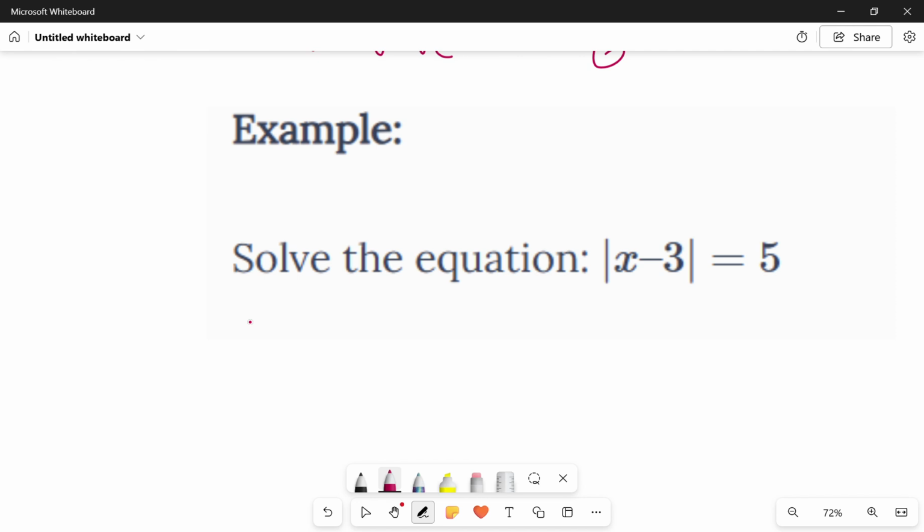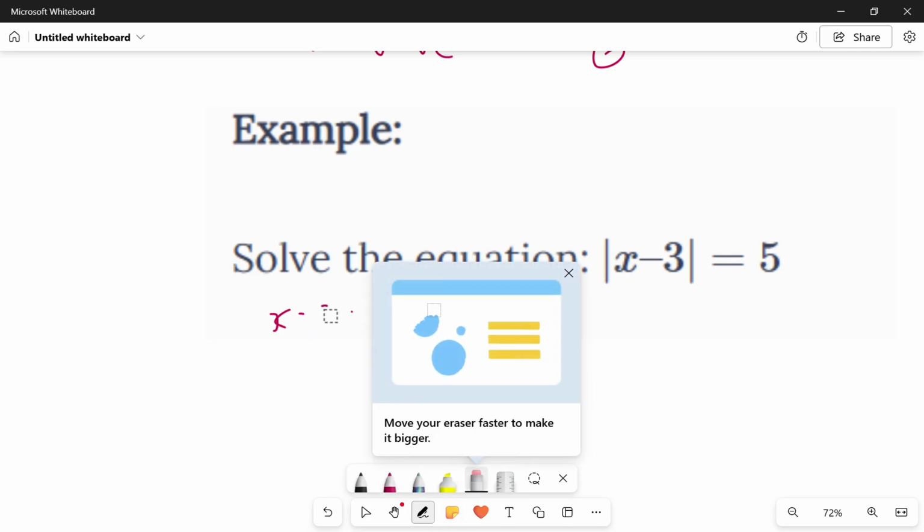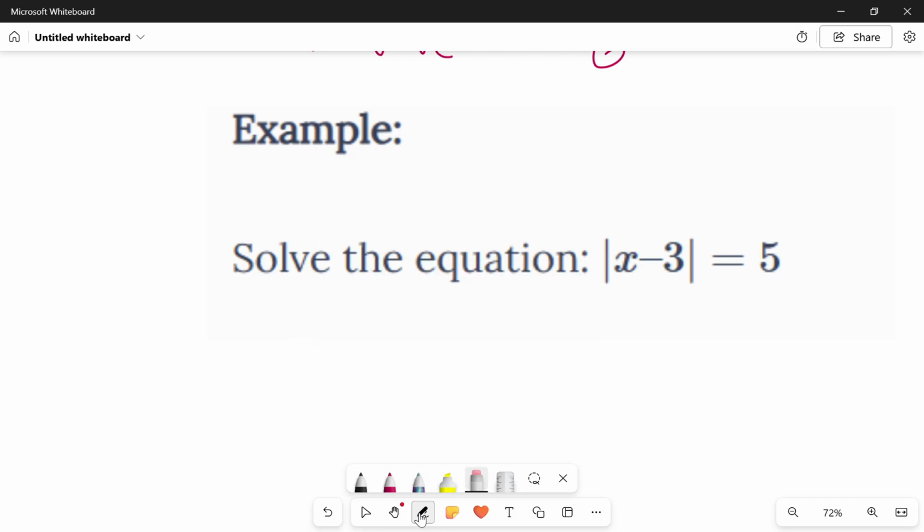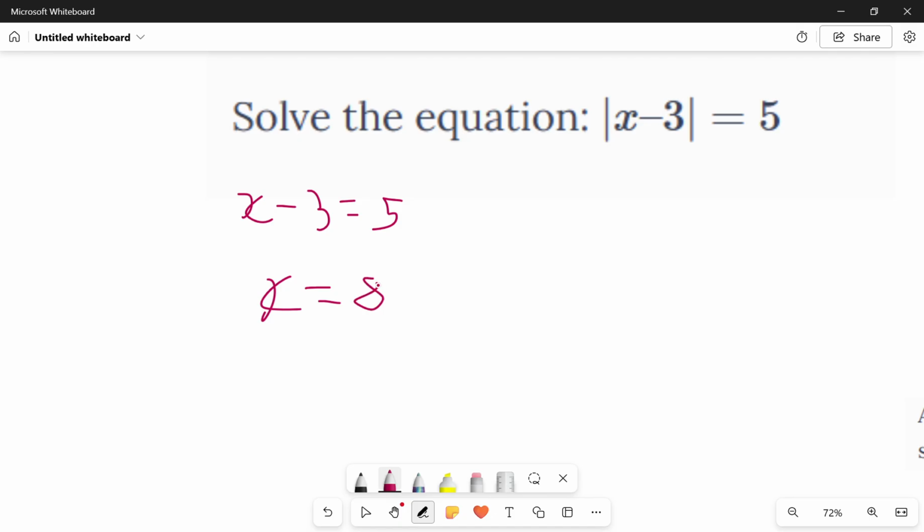Now I have to set this up in this way. x minus 3 is equal to 5, so x is equal to 8, or x minus 3 is equal to minus 5, so x is equal to negative 2. So x can either equal 8 or x can equal negative 2.